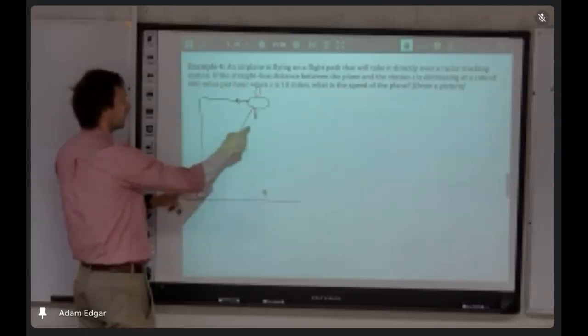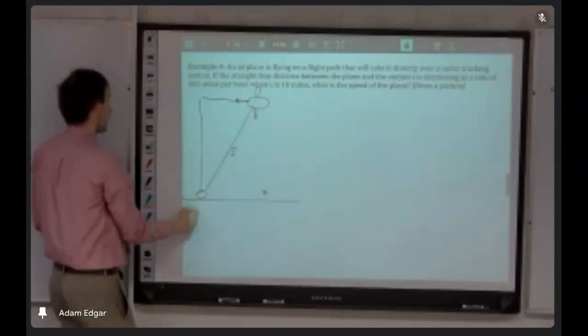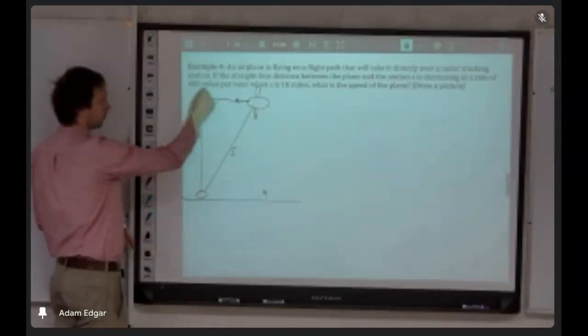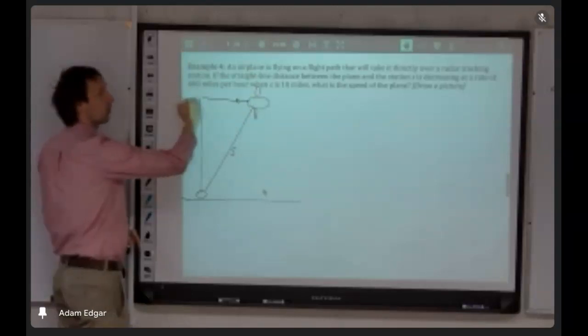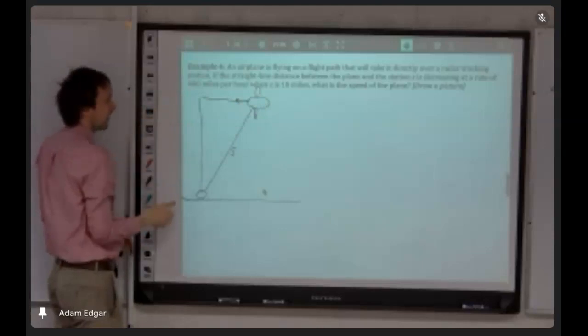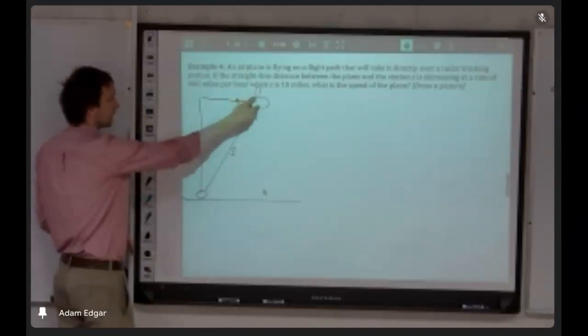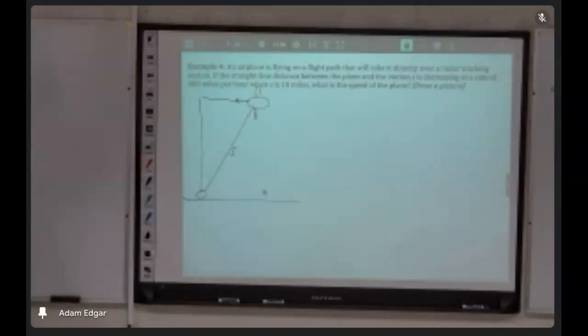So we now have this right triangle. We have the vertical line straight up from the radar tracking station, with the horizontal line that represents the flight path of the plane. So assume that the plane is flying on a horizontal trajectory. And then we've got the diagonal line that connects these two items. So that's our picture. This is a right angle.